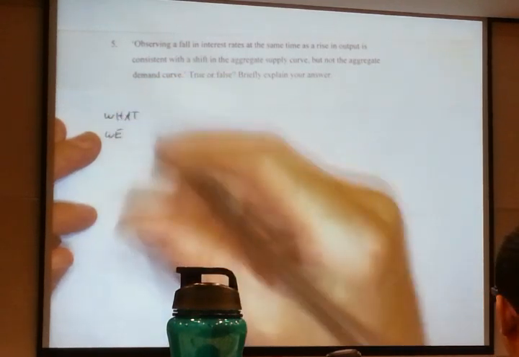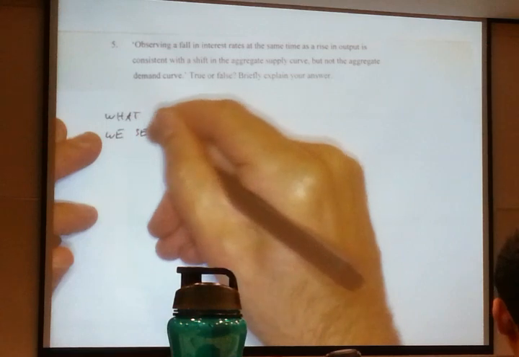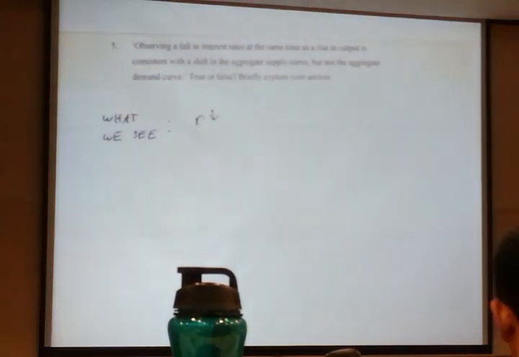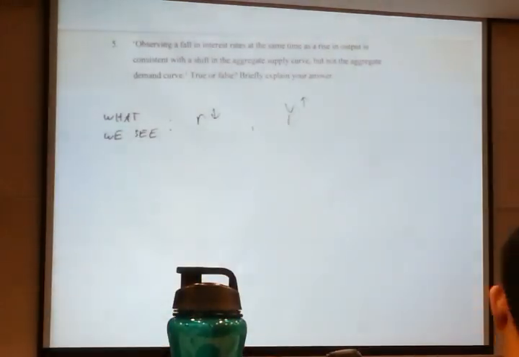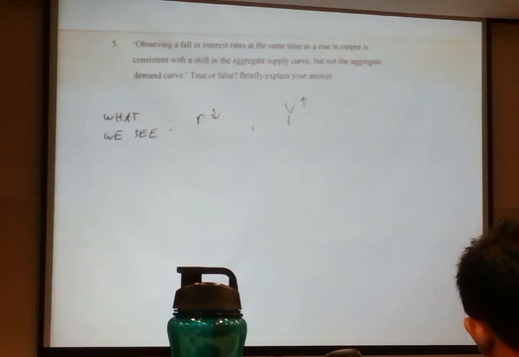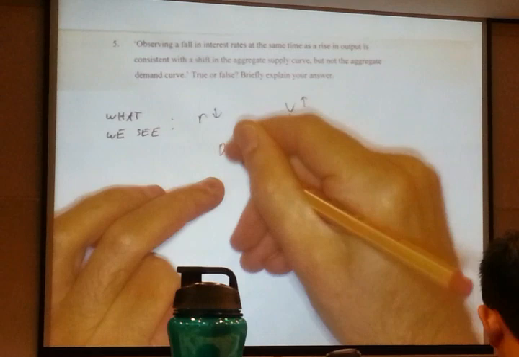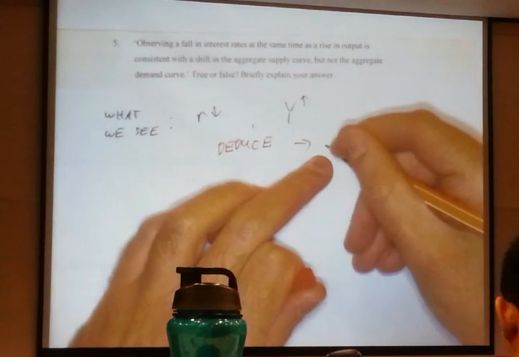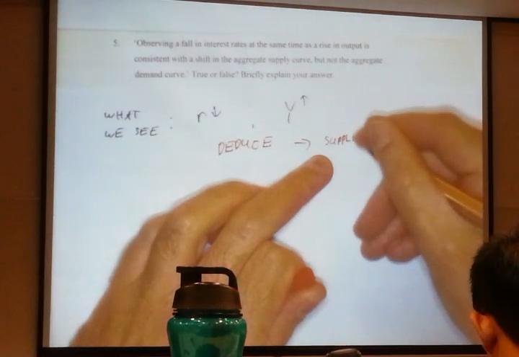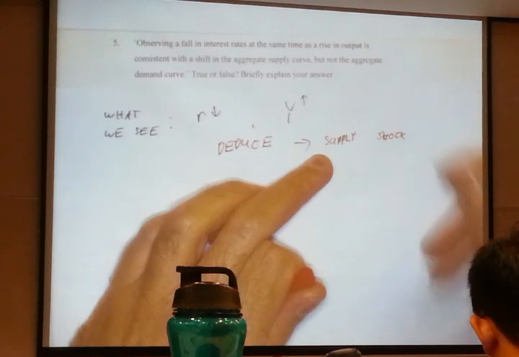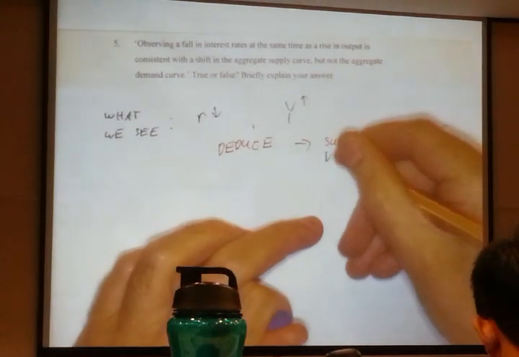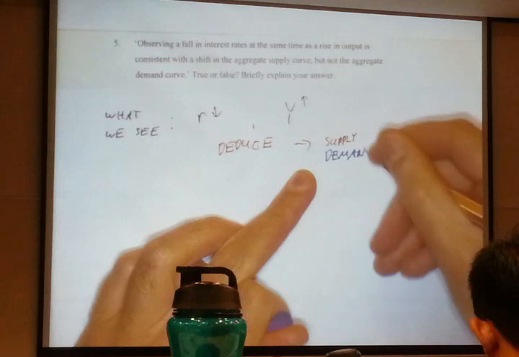So what we see, someone looking at data sees that the interest rate has gone down, output has gone up, and the claim of the question is that we can deduce that this was a supply shock because the other possibility, that it was a demand shock, is wrong.